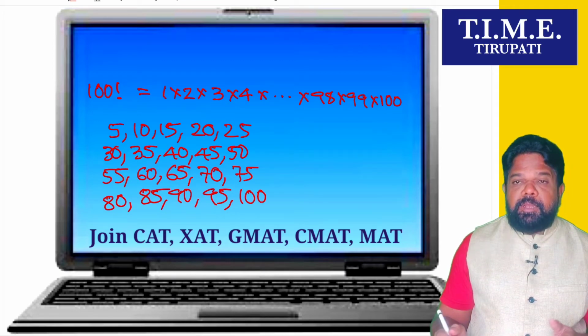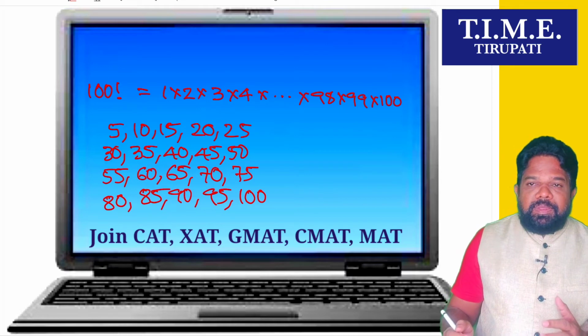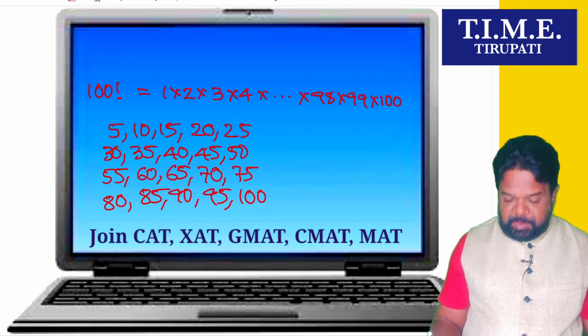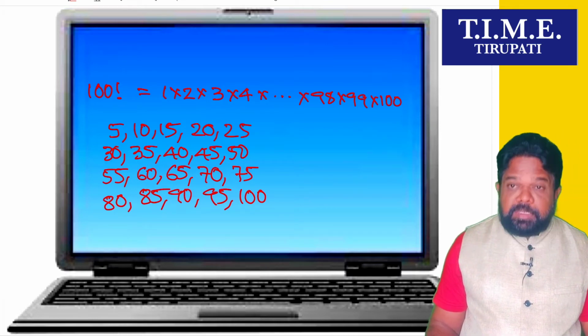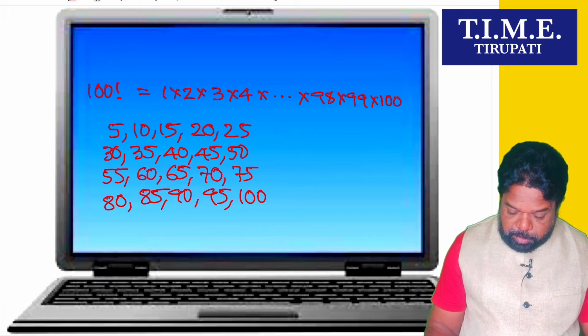So every fifth number, 5, 10, 15, 20 and so on up to 100. Now count how many 5's are there in this.